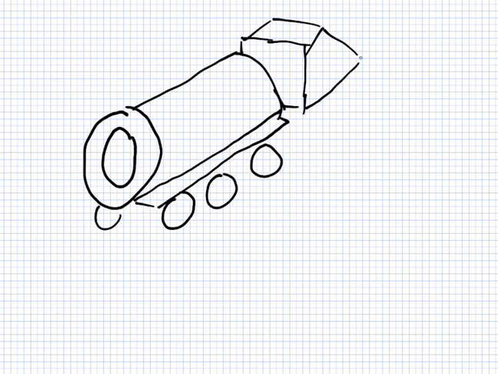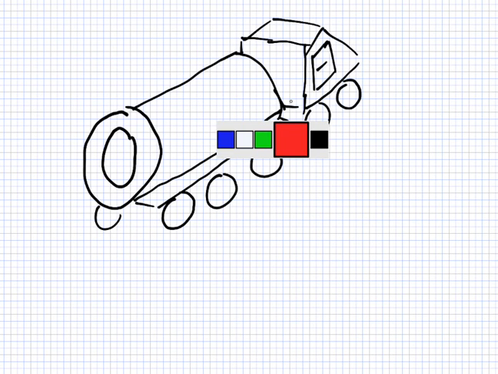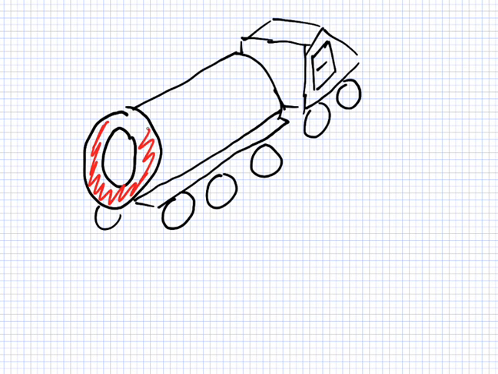Not bad. Okay, it's a truck. The reason I drew it like this is because in the question they tell you that the truck has this large cylinder tank.